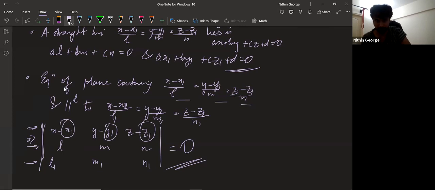And LMN, L1, M1, N1 are the vectors which lie on the plane. Remember how we found the equation of a plane with three vectors on it. So here the first vector has x, y, z, a generic point. Okay. Yes, sir.